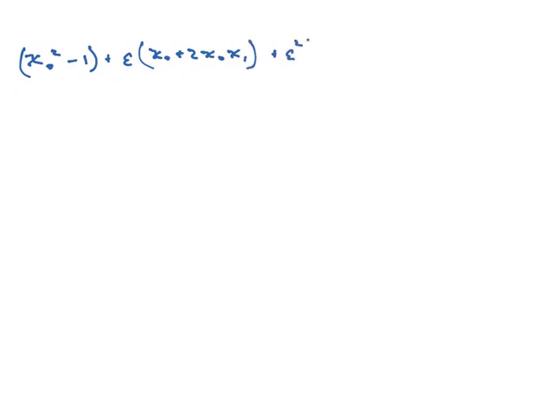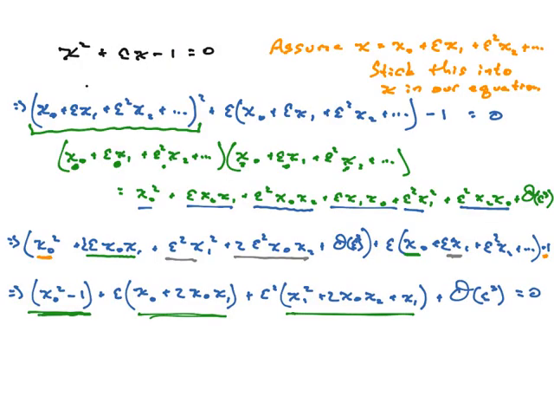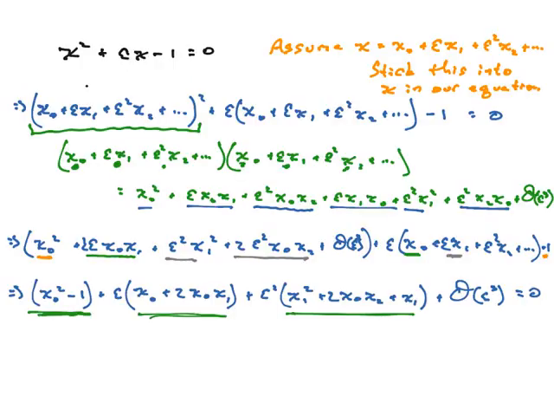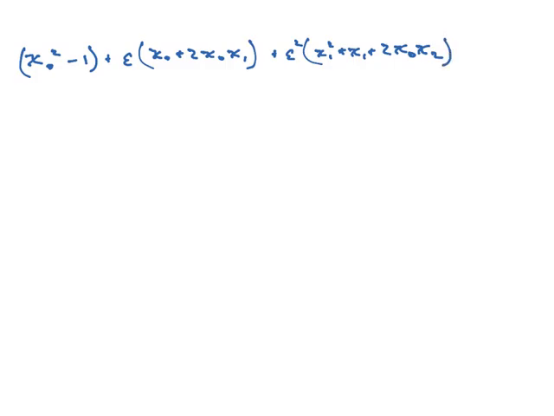Then we have epsilon squared times x1 squared plus x1 plus 2 x naught x2, I believe, right? Yep. And then plus things of order epsilon cubed, and so on, equal to 0.